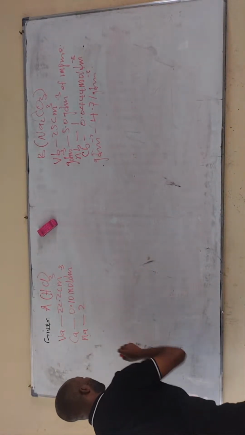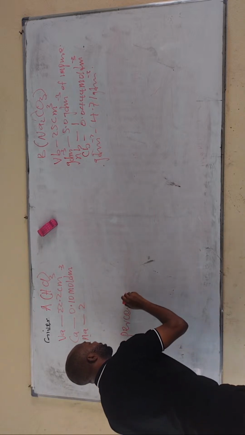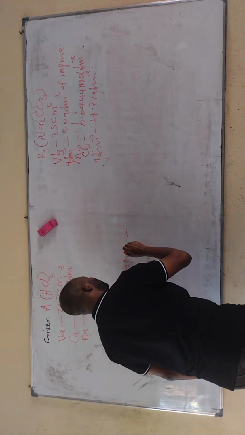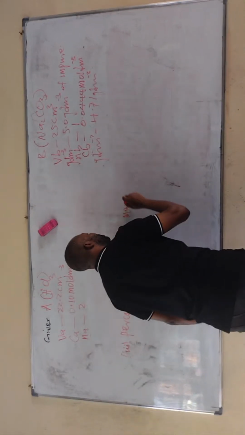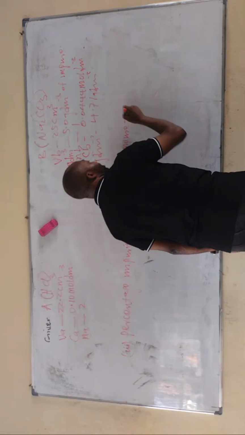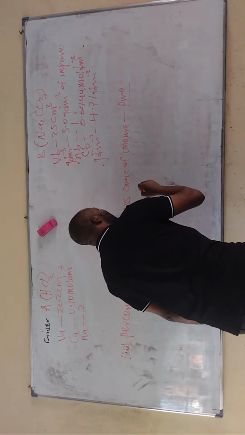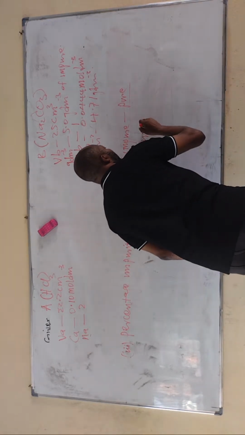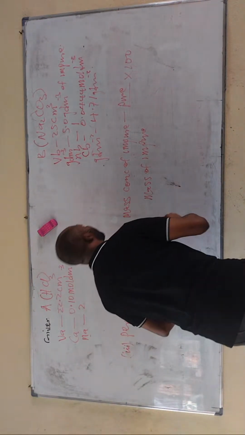Now, the third question: percentage impurity is equal to mass conc of impure minus mass conc of pure, over mass conc of impure, times 100. If you check them out, both can still give you what you want.